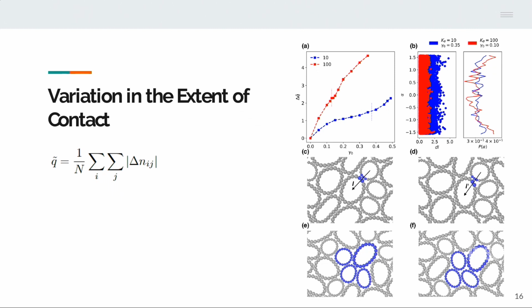So this is at the monomer level. This delta Nij is the change in the neighboring monomers. So this doesn't directly give a measure of how many rings are nearby. Okay. Yeah. Thank you.